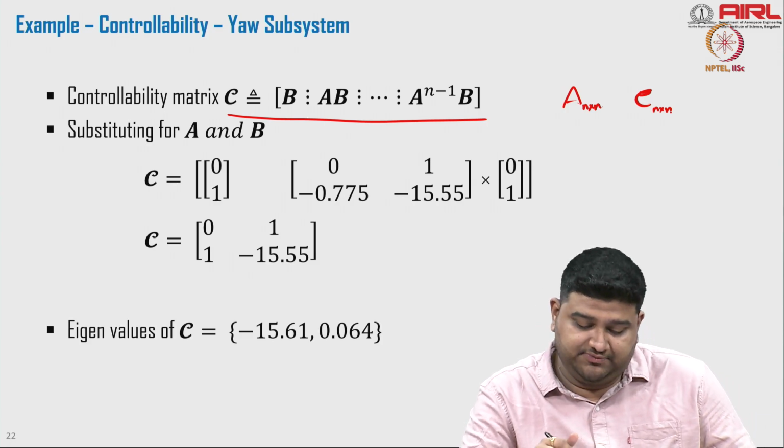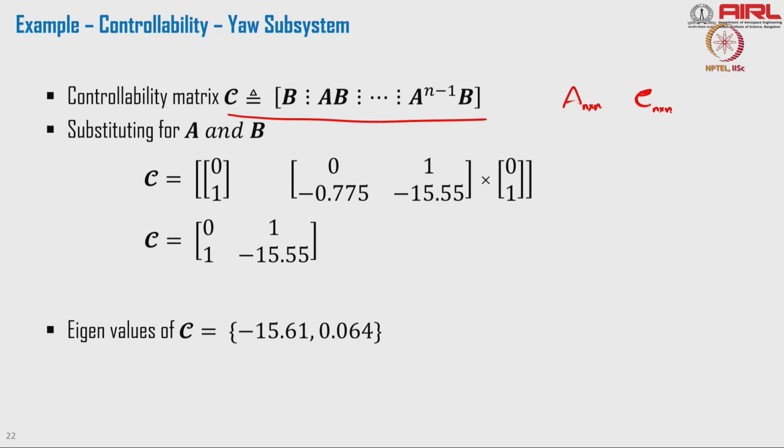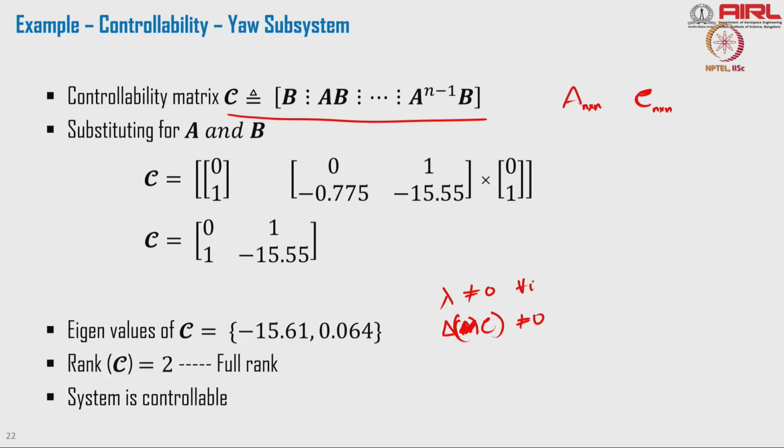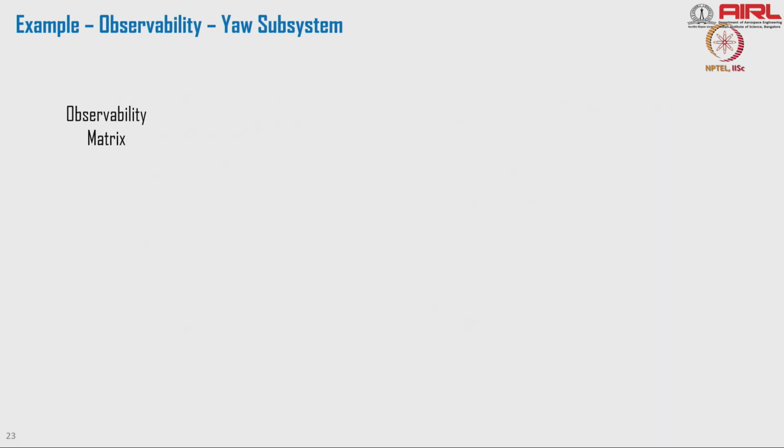If we find the eigenvalues of C, we find them to be minus 15.61 and 0.064, and again note that no eigenvalue is equal to 0, which means the determinant of matrix C is also not equal to 0, which means the matrix C is full rank, which means the system is controllable.